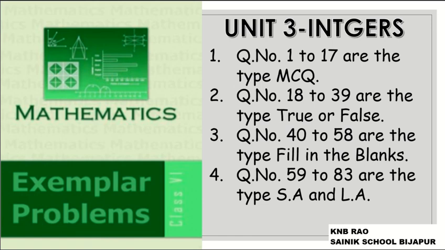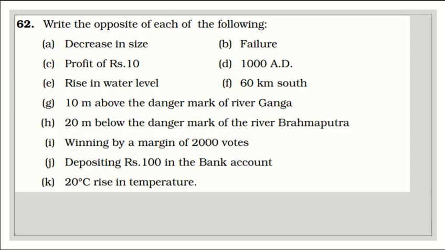62 onwards. In question number 62 we are asked to write opposite of each of the following. So here if you want to write opposite, you need to observe the keyword. For example, in the case of B, failure, opposite to this failure is success.